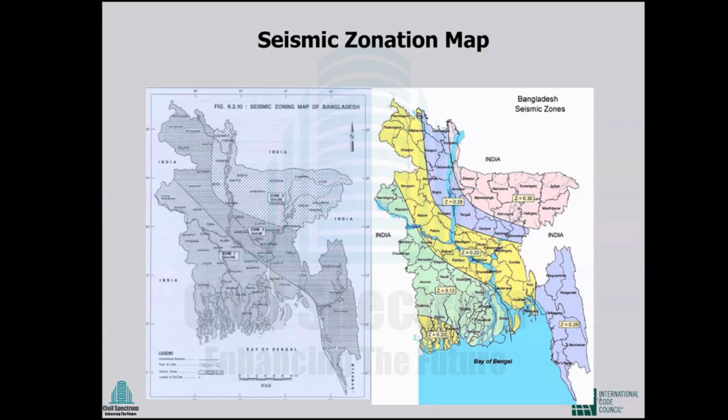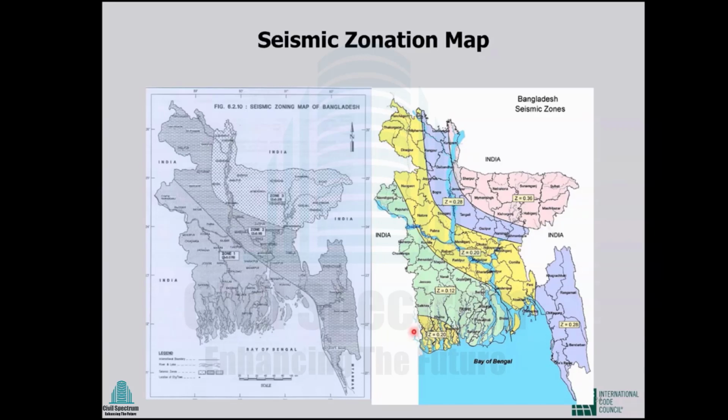This time it is changed. This time Bangladesh is divided into 4 seismic zones: Zone 1, Zone 2, Zone 3, and Zone 4. Zone 1 is this part, similar to Zone 1 of the previous version, but a small part of Zone 1 is, this time, Zone 2, the southern Satkhira, Khulna, and Bagerhat part.